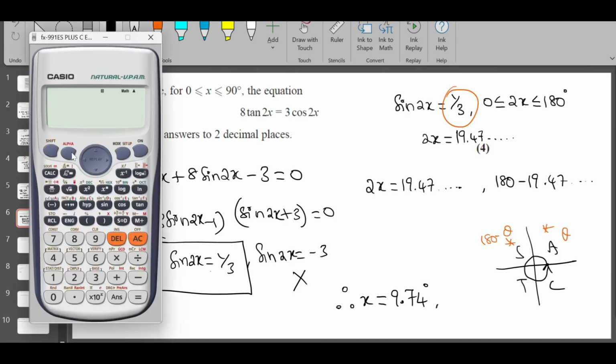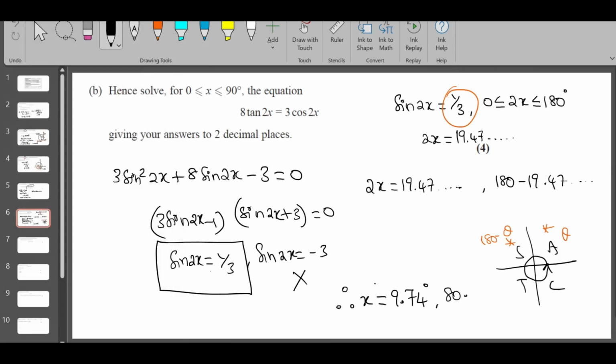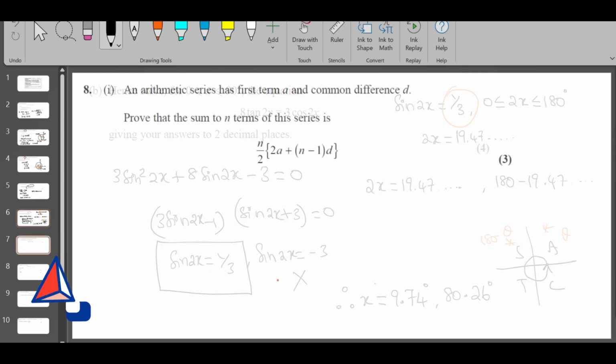And then, I stored the principal value as A, so 180 minus A, divided by 2. Sorry, it's 180, don't put pi. That gives 80.3. They want the answer to 2 decimal places, 80.26. That's all.